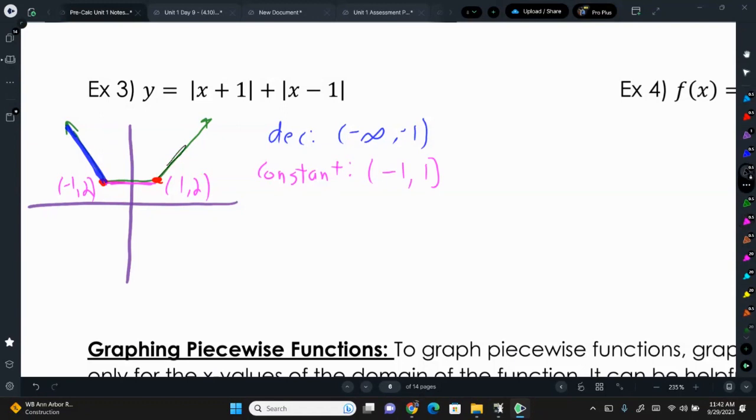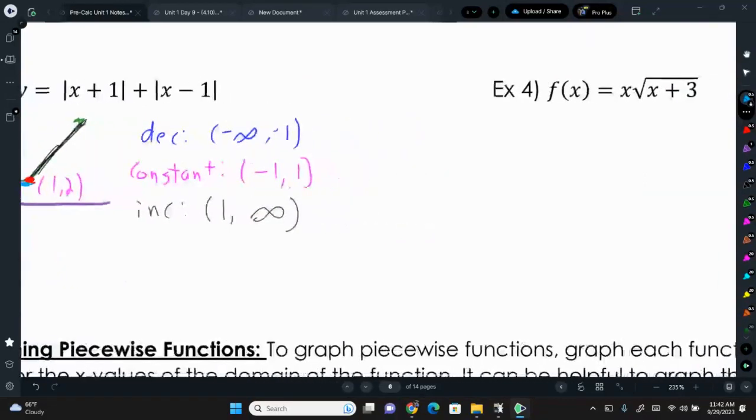And then we are increasing our y values in this portion from +1 to infinity. Like I said, we don't have a minimum value because a minimum value is a point. This point is not a minimum because this whole section here has y values that are equal to 2.